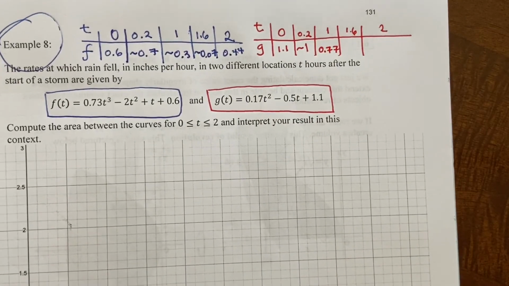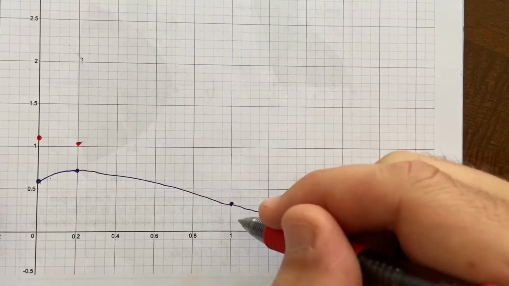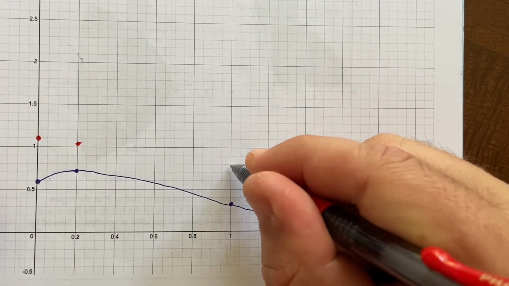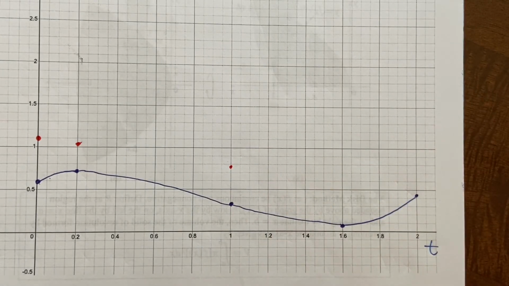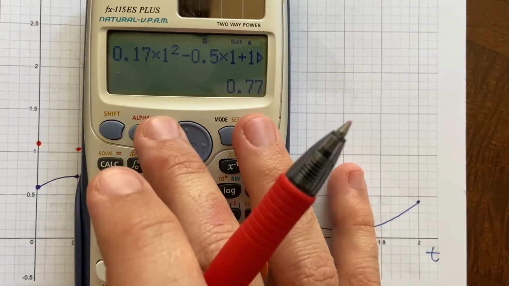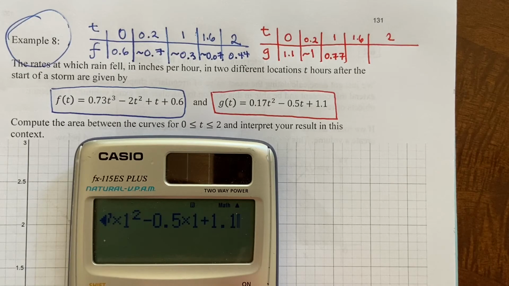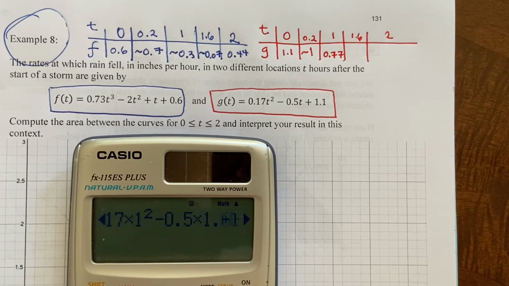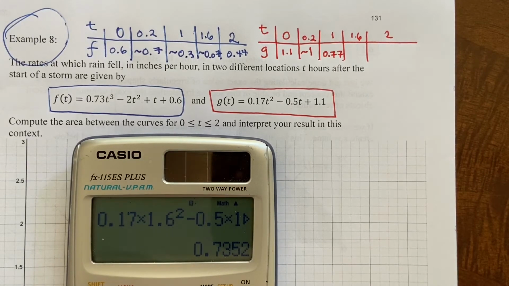So almost 0.8. Right about there, I'll go ahead and change the 1 to a 1.6 now. Doing 1.6. .73.